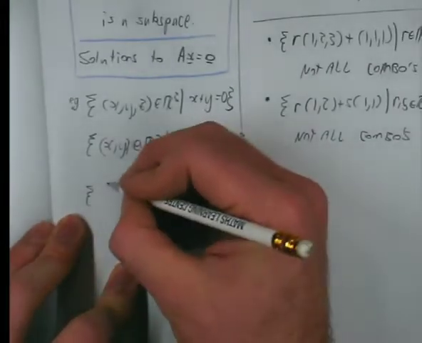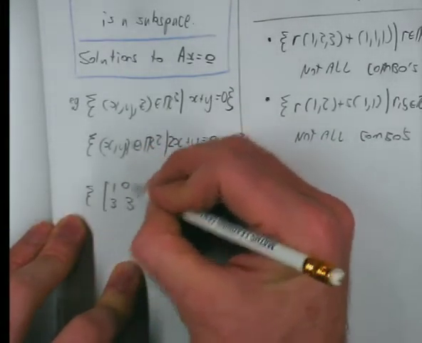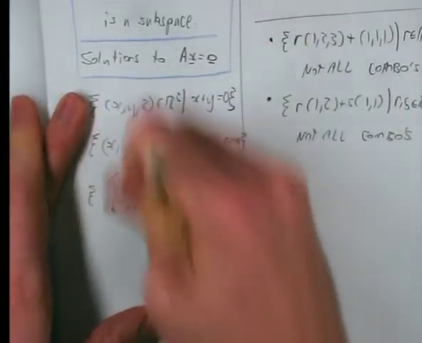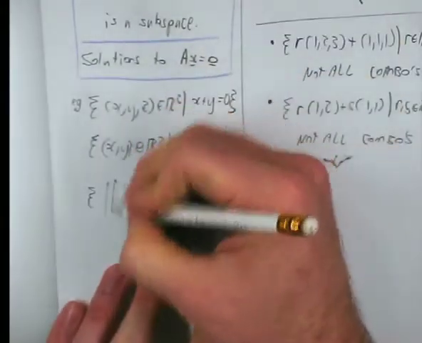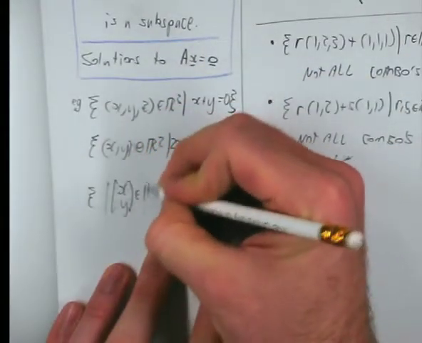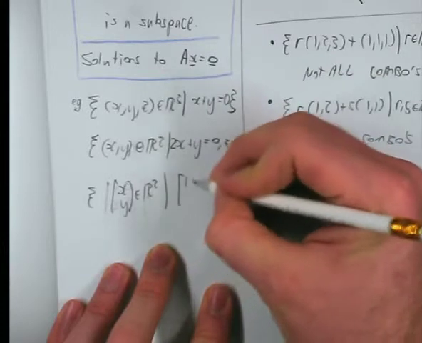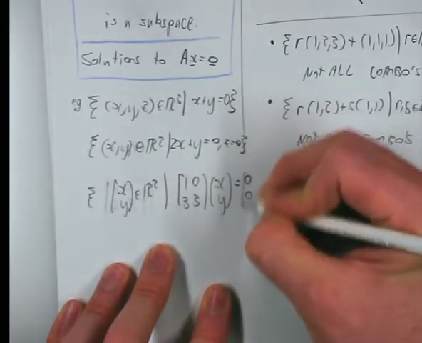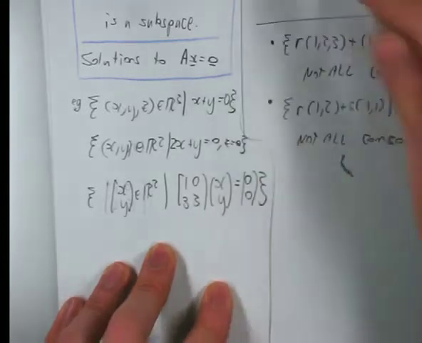Okay, and the other one would be something like the set of x, y in R2 such that a matrix times the vector equals 0. Okay, that's another one.